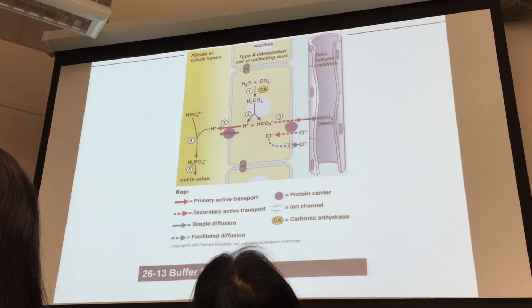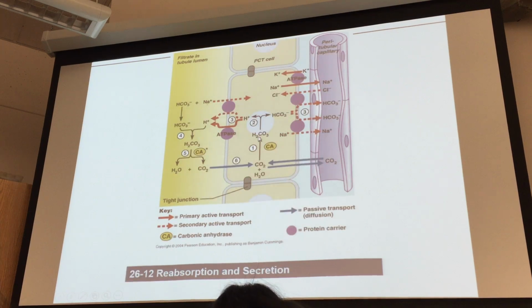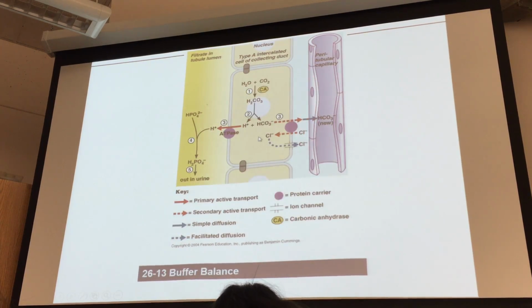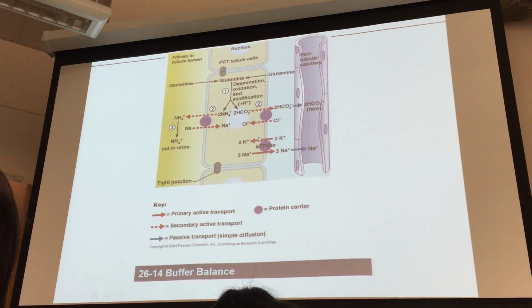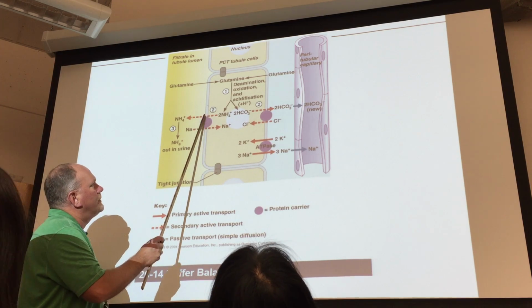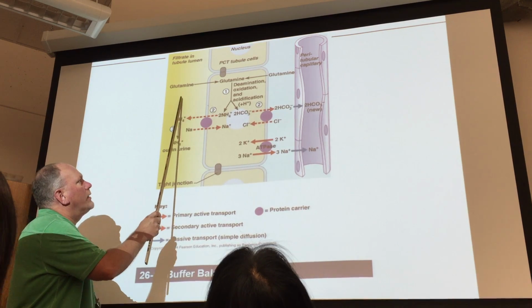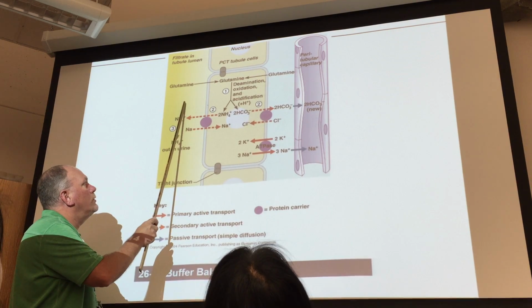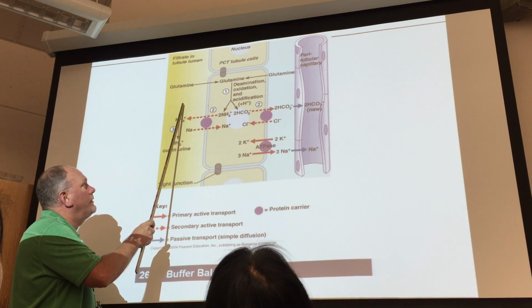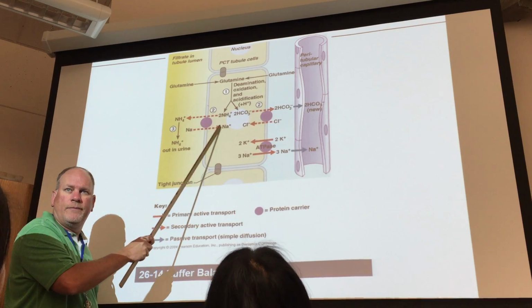One is transport maximum. So transport maximum is a condition where you have these carriers here. And if you have an enormously high amount of a substance or solute in the filtrate of a tubule, can you get them all on the carrier?